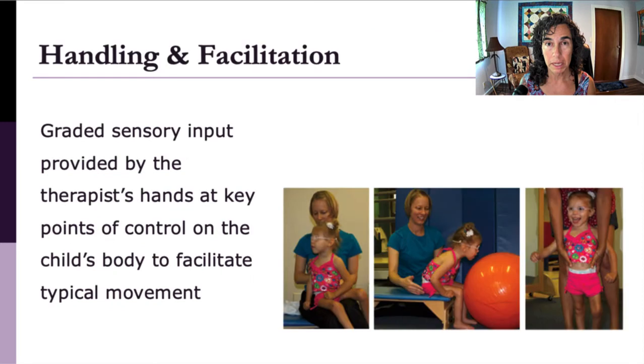In terms of handling and facilitation, graded sensory input provided by the therapist's hands at key points of control on the child's body facilitate typical movement. And here you can see 3 pictures of NDT in action. In the first picture on the left, the therapist has the child on her lap and the child is actually leaning against her torso. So we're limiting the degrees of freedom, right?